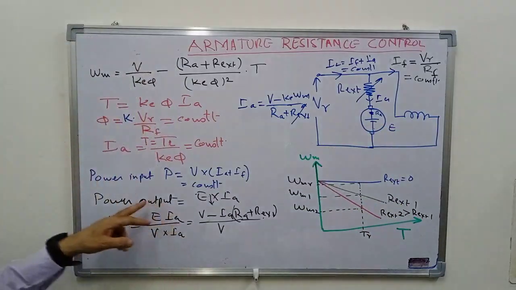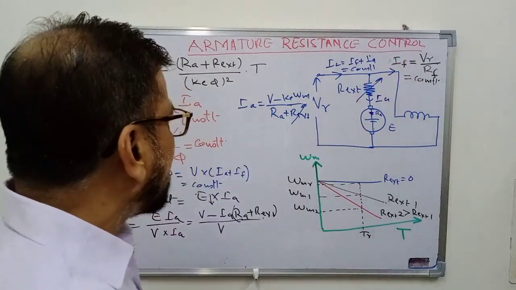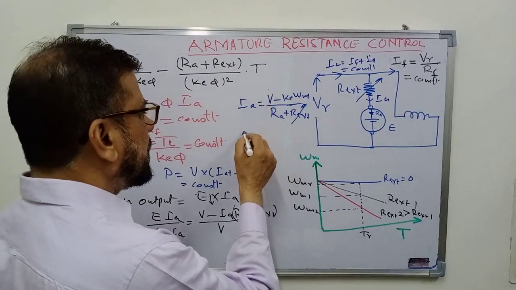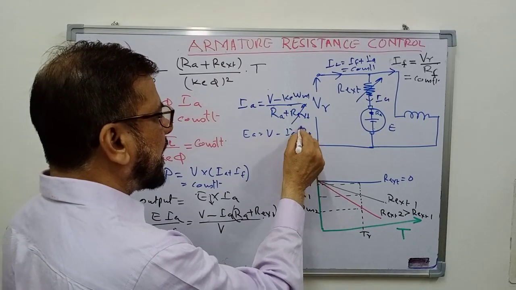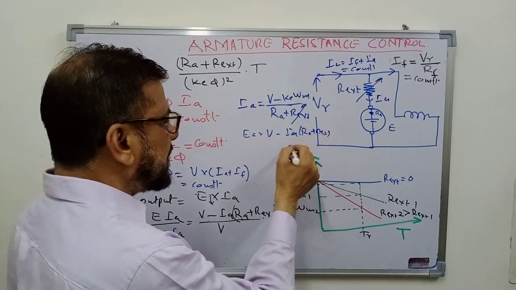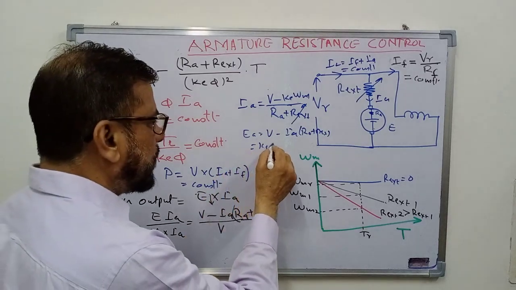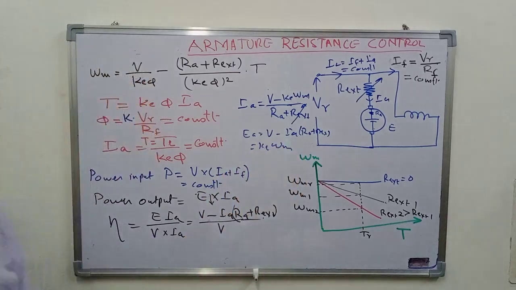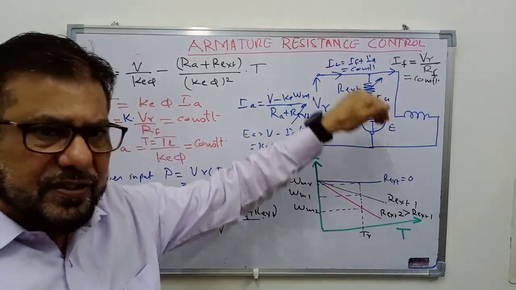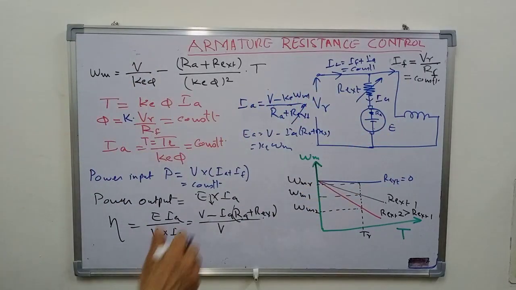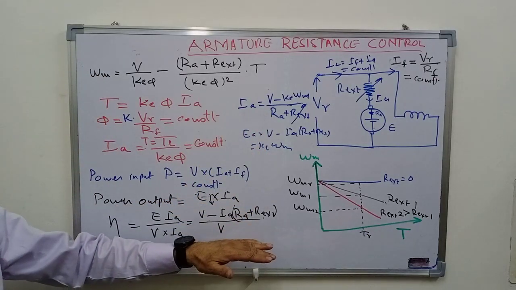So what is happening there? As we are increasing the external resistance, the back EMF, which is equal to V minus IA (RA plus Rext), is decreasing, and this is also equal to KE omega M. So as we are increasing the resistance, actually EA is decreasing, that is the back EMF is decreasing. This means that the power output is decreasing.